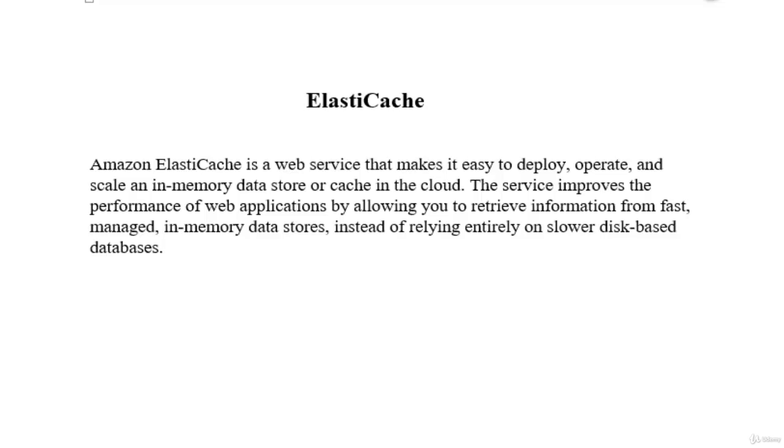There are two benefits of this: the data processing will be fast, the results will be given much faster than the traditional way, and second, we can prevent the overloading of databases. After using Elastic Cache, users only have to go to the database for data that is not frequently asked. So it will improve the database performance, as well as provide fast results to users. That is the function of Elastic Cache.